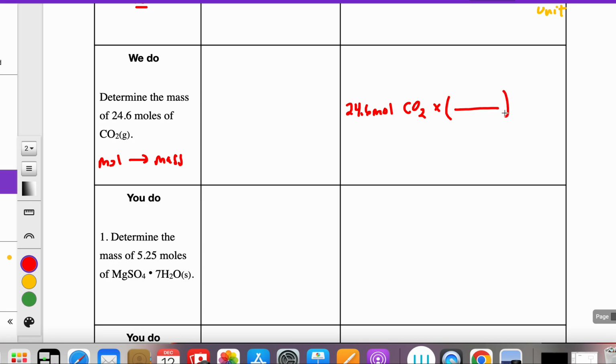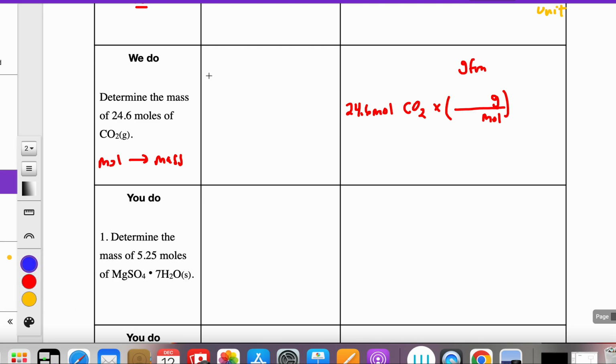What I want to do this time is I'm in the unit of mole, but I want to change that unit and express this quantity in grams. I want to be able to cross off the mole. The relationship grams to mole, mole to gram, this is the GFM relationship. So I need to know the GFM of carbon dioxide. So I'm going to go over here and calculate it.